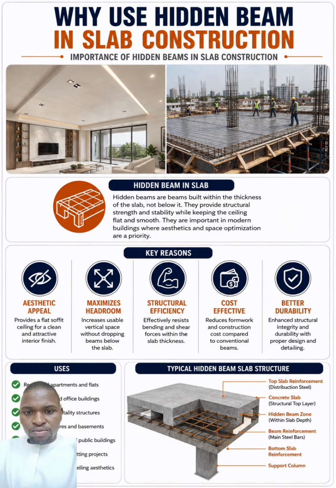But for hidden beams, it's the same formwork you use for your slab that you use for your hidden beam. The only thing is maybe additional reinforcement in the direction of the beam. But aside from that, no other cost, no other formwork provision, no provision for wood, nails, and all those things.